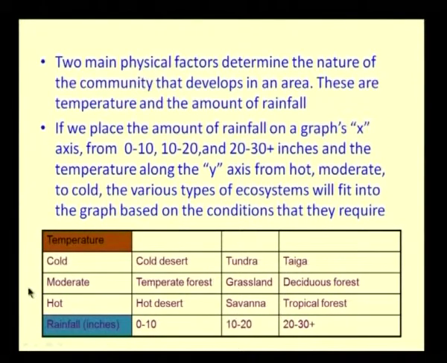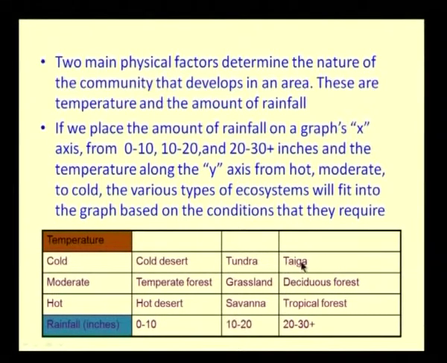Here you find the temperature on top and rainfall in inches down below. In a cold temperature with a rainfall of 0 to 10 inches, you find a cold desert. With moderate temperature, you find temperate forest. With hot temperature, you find hot deserts.